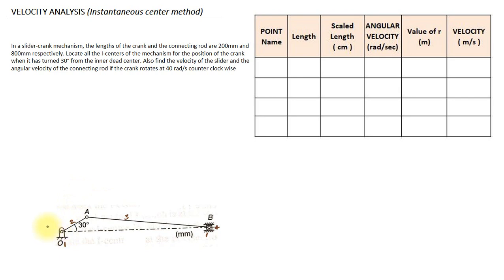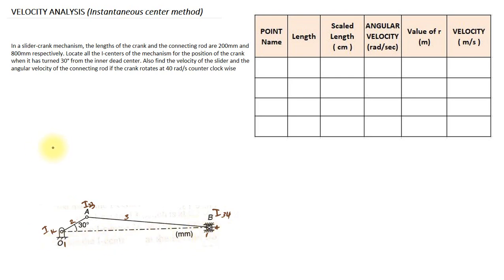So this is the instantaneous center I12. This is I23. And the gudgeon pin, the pin connecting the connecting rod and the piston, is I34. Now where is this I14?